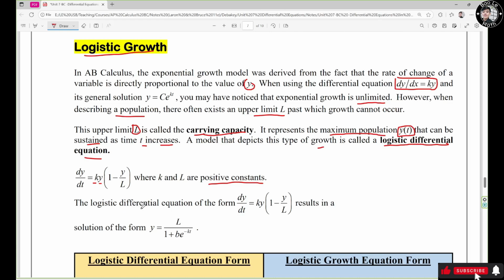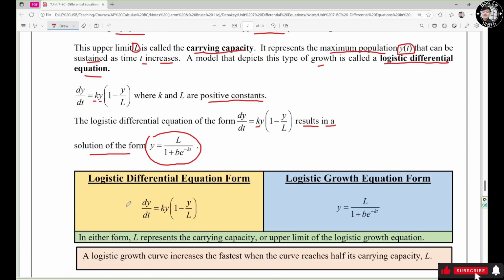The logistic differential equation of the form dy over dt equals k times y times 1 minus y over L results in a solution of the form y equals L over 1 plus b times e raised to the negative k times t. Alright, so we have the formula: logistic differential equation form is going to be this one, and logistic growth equation form is going to be this one.